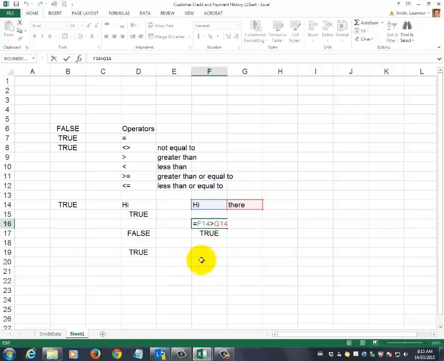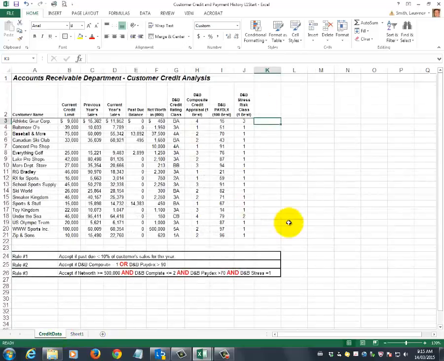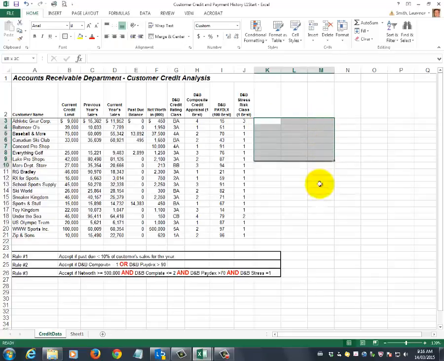Alright, so with that in mind, what we're going to do now is go back to the worksheet here, and we're going to look at these rules down here. We're going to put the rules 1, 2, and 3 across the top, and then we're going to put true or false along these cells to determine whether they meet the rules or not.